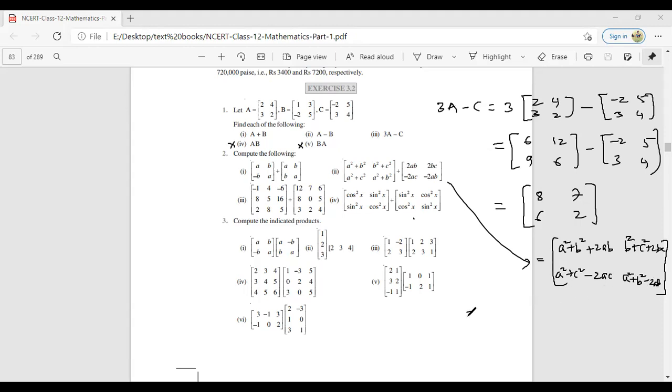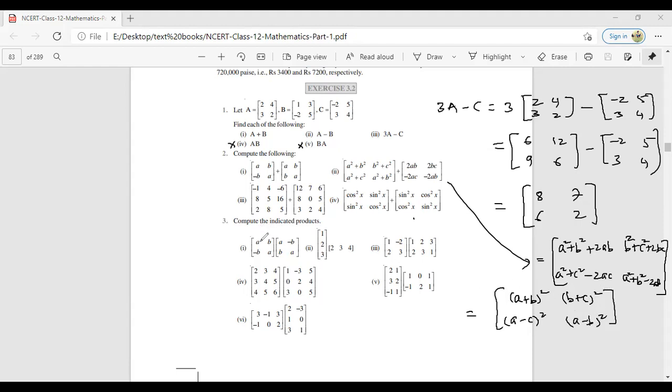Okay, so this will become a plus b whole square, and this will become b plus c whole square, and a minus b whole square, a minus b whole square.